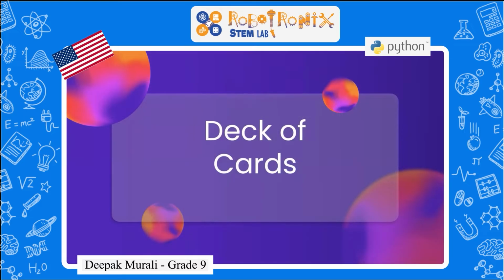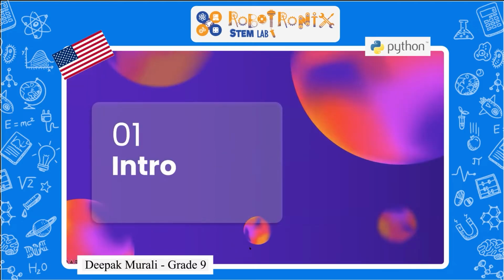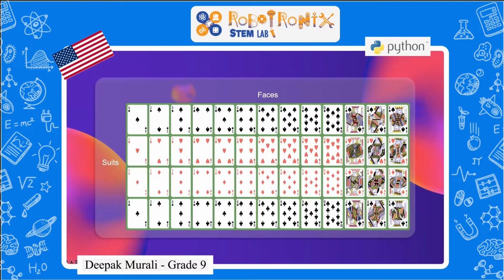Thank you. And I made this Python program, a game called Deck of Cards. So basically, some background knowledge that you should know is that there are 52 cards in one deck, and each deck has its own suits and its own faces.